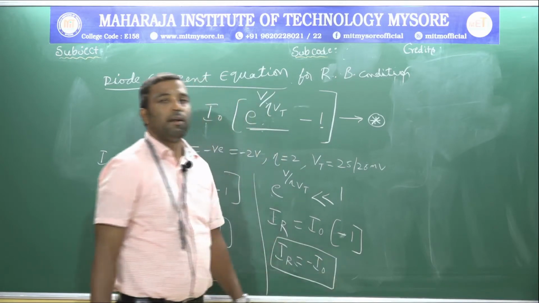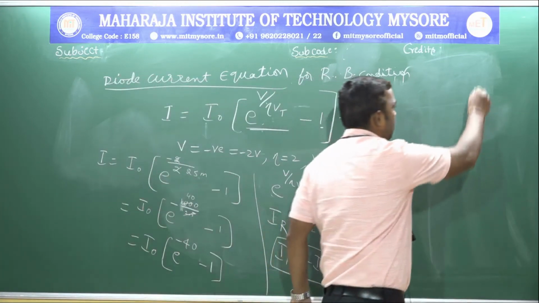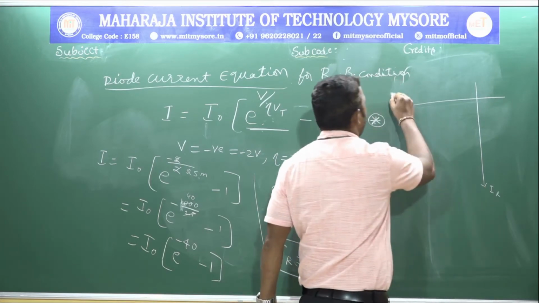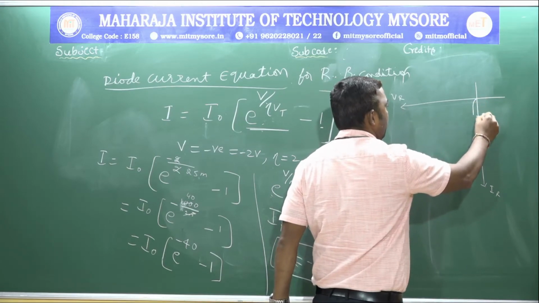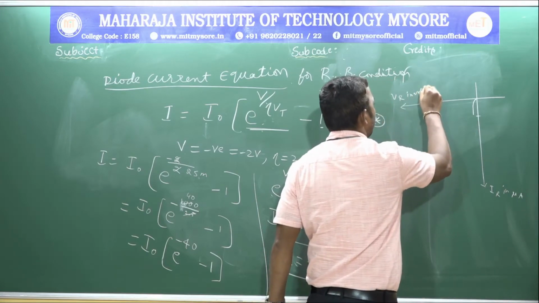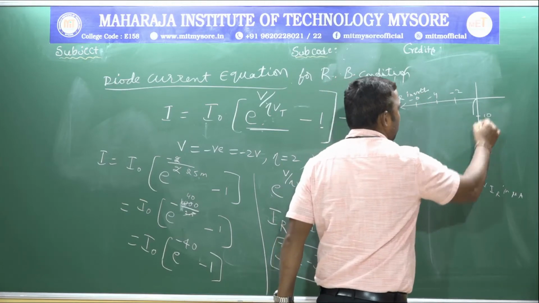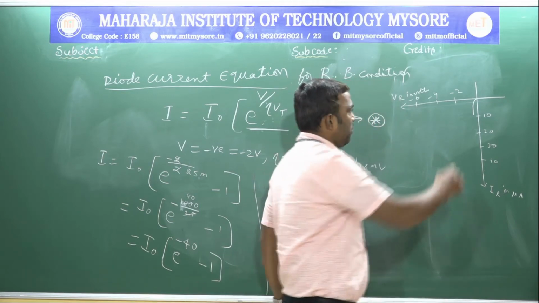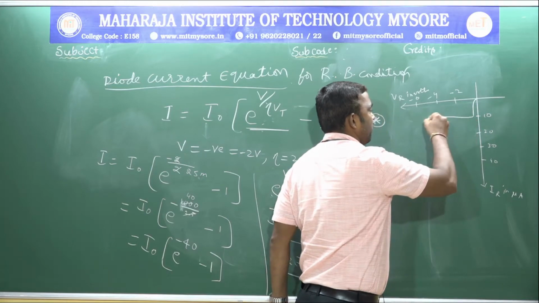We studied that in reverse bias condition, in the characteristics with IR in microamperes against VR in volts, at minus 2, minus 4, minus 6, the current first increases and after that becomes constant.